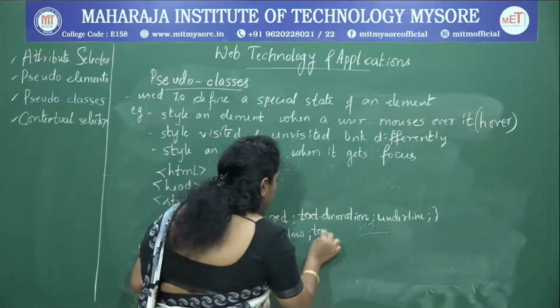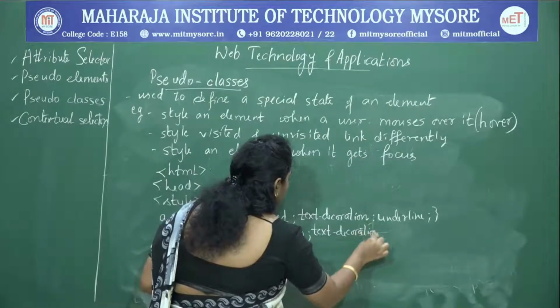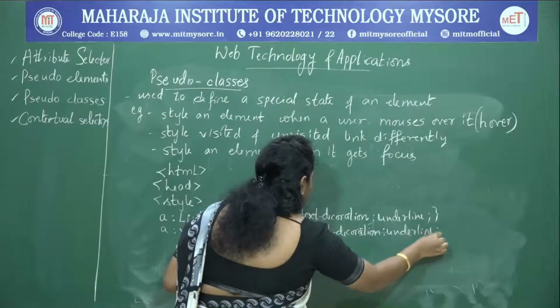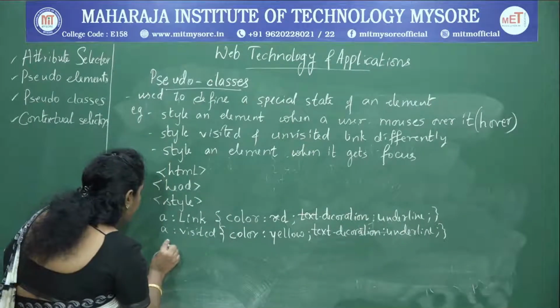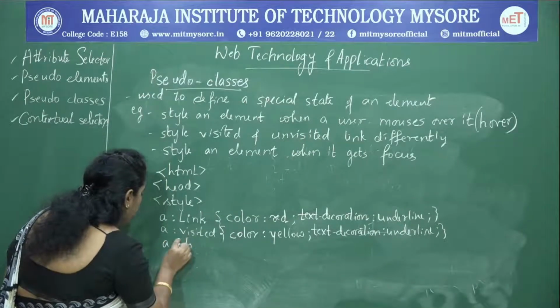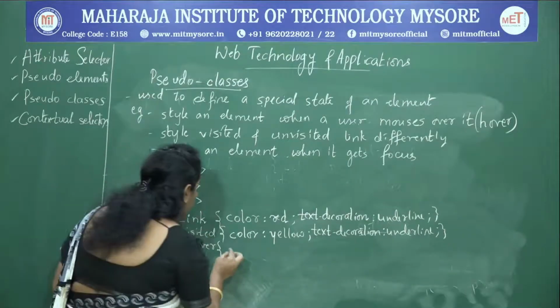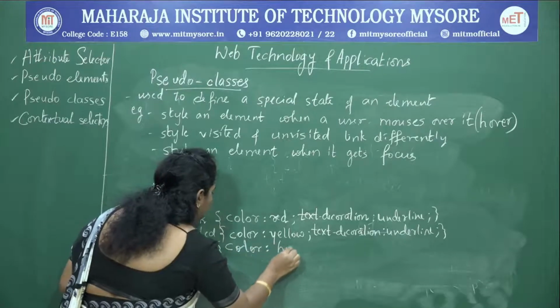Okay, then text decoration underline. Getting it? So next, hover. Color, I am setting it to hot pink.